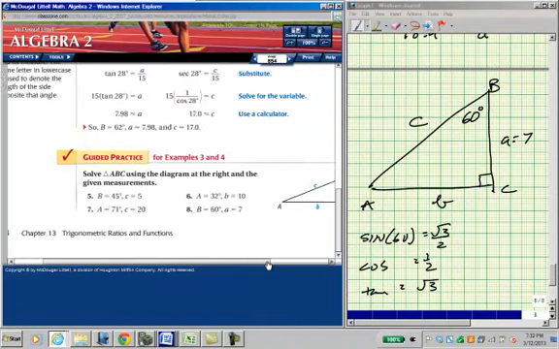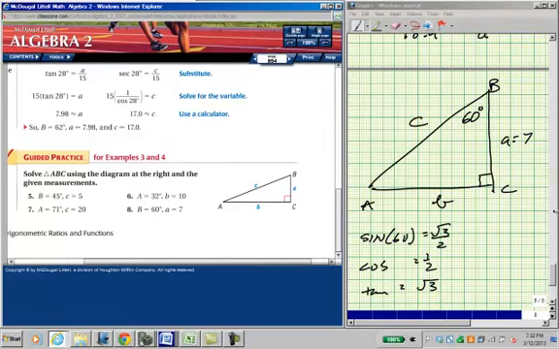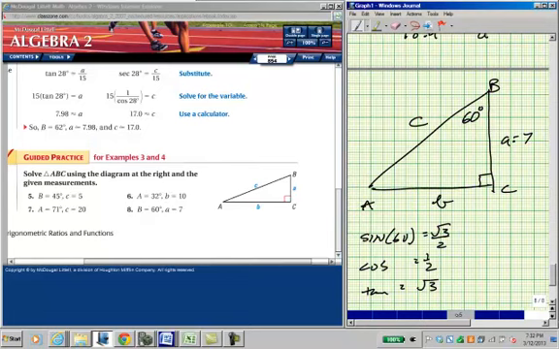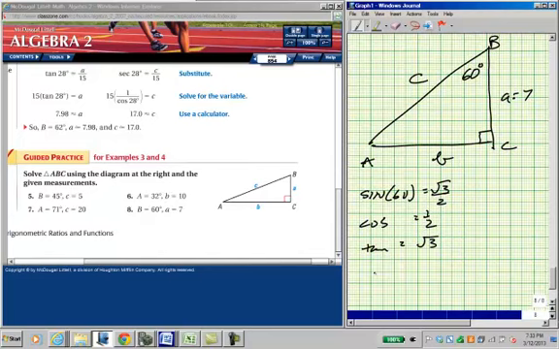All right, so what can we figure out here? So let's find the hypotenuse. The cosine is 1/2, so the cosine of B equals A over C, which equals 1/2.